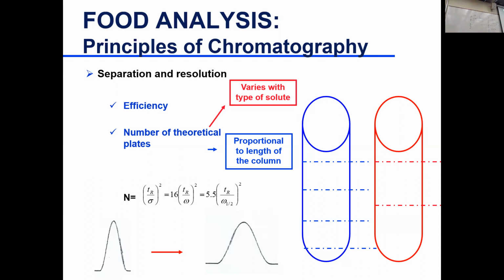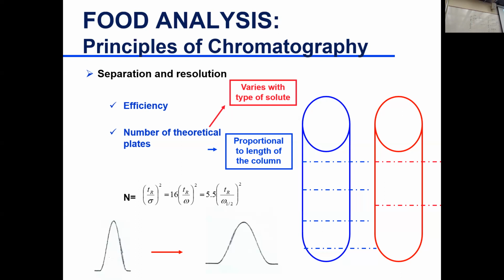It takes a different time for equilibration. So in order to determine what happens to the efficiency of your column over time, you start with a compound, whatever that compound is, and you inject the same compound every 3 months, 6 months, or a year to see if the number of theoretical plates changes.